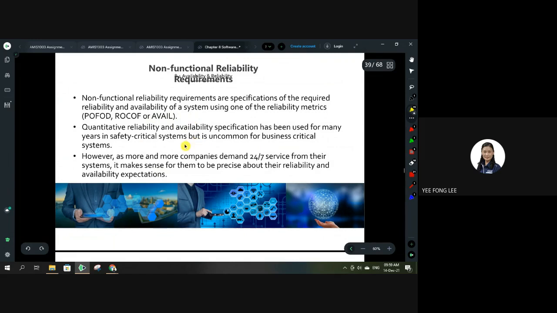To avoid incurring excessive or unnecessary costs, it's important we specify the reliability that the organization really needs, rather than simply choosing a very high reliability for the whole system, which increases expenses. Not simply looking for the highest reliability, but we have to think whether the organization really needs it.